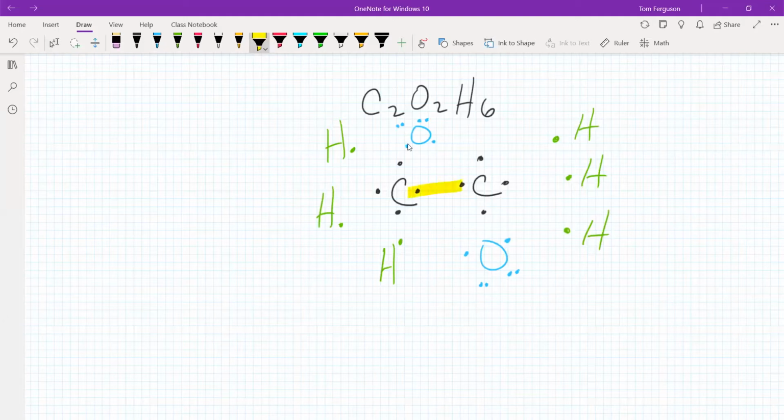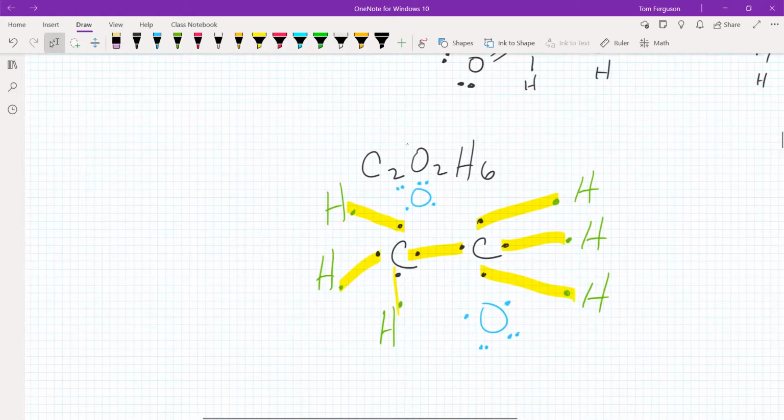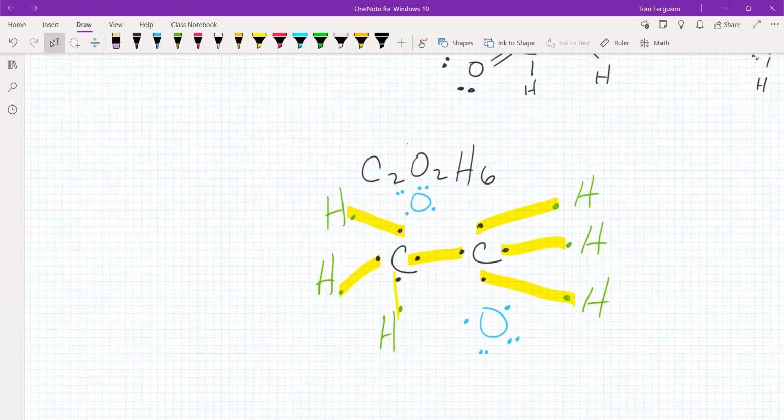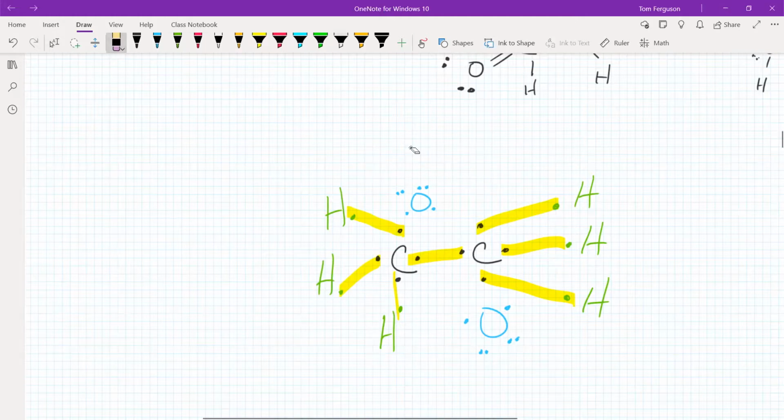Well, two carbons together. Okay, what's wrong with what I just did? There's still the oxygen electrons that are unpaired.